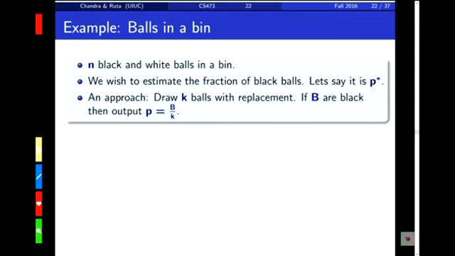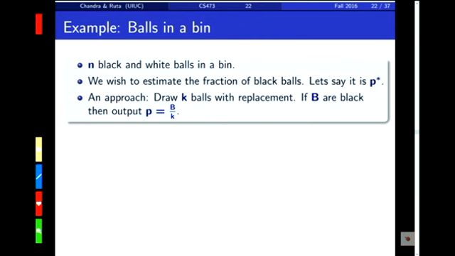So p star is half. The question is clear. I have only two balls in the bin. One is black, one is white. You don't know that, but I know. So p star is half. The fraction of black balls in the bin is half.